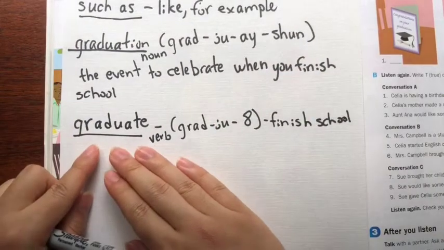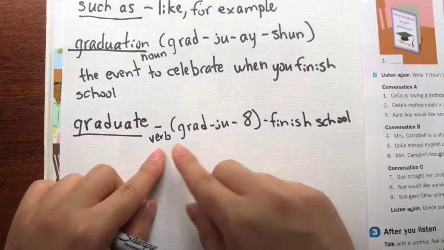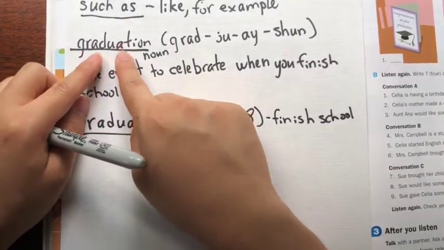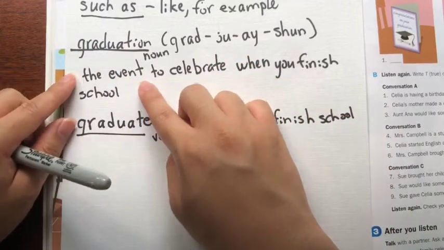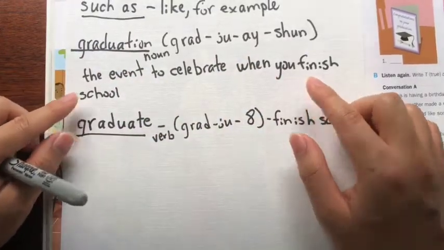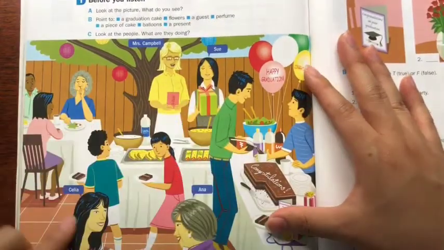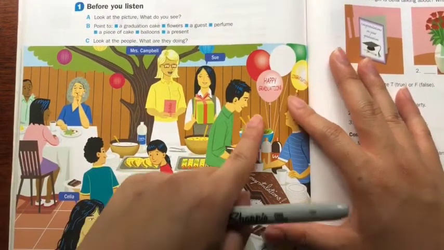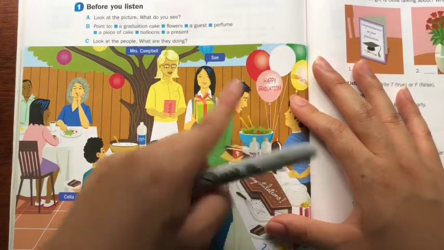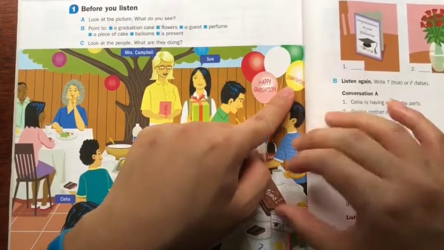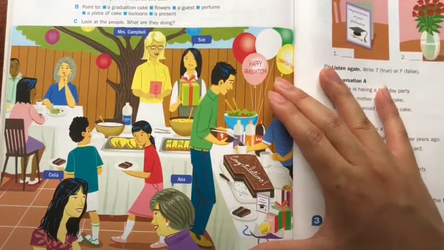So graduate is a verb. It means to finish school. Graduation is the event to celebrate when you finish school. So this is a graduation party. It's a party for when you finish school. It says happy graduation, congratulations.